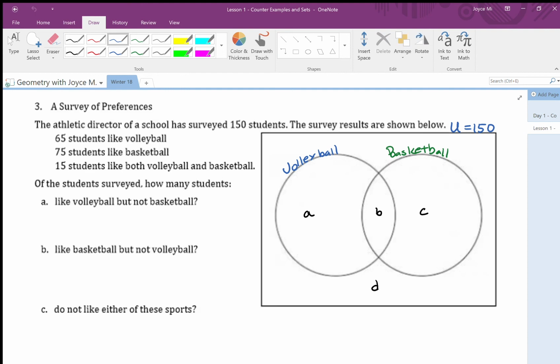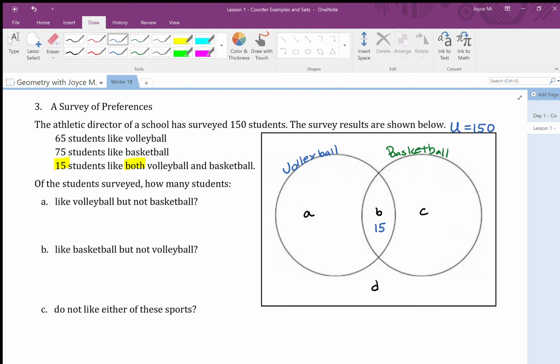Before we do question A, let's see if there is anything here I can fill in with a number. We already know that 15 students like both volleyball and basketball, so 15 must be over here. Now, question A asks how many students like volleyball but not basketball.